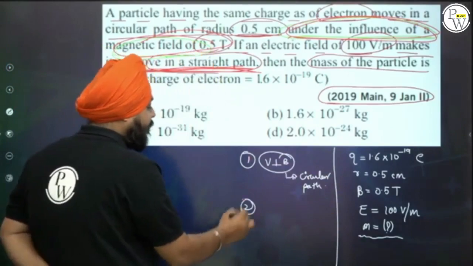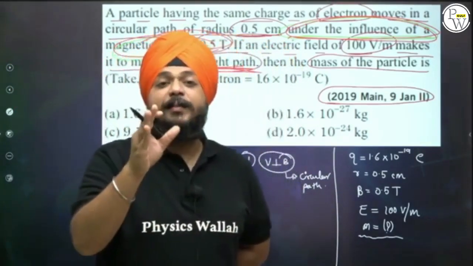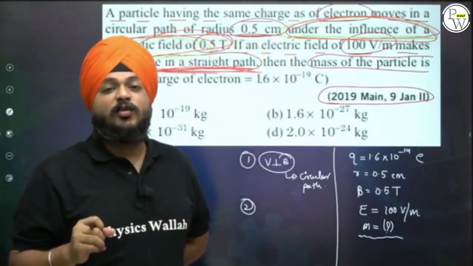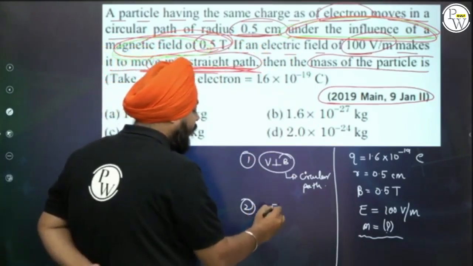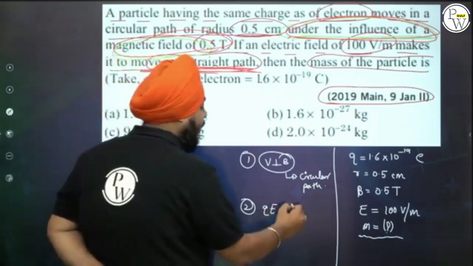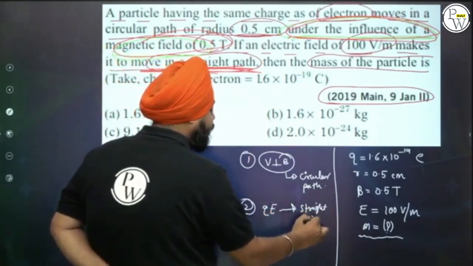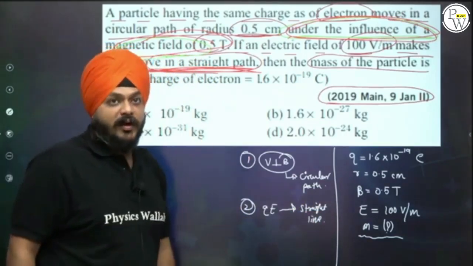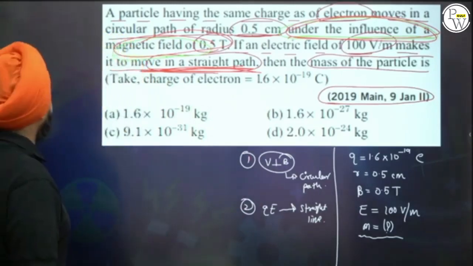And there is also the presence of an electric field. QE is the electrostatic force that forces the particle to move on a straight line. It means two simultaneous phenomena are going on right now.